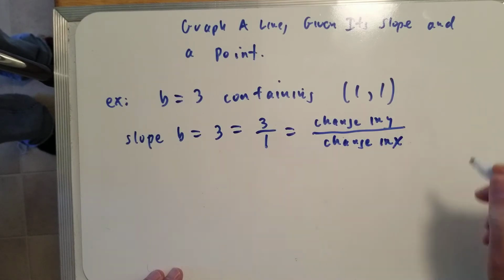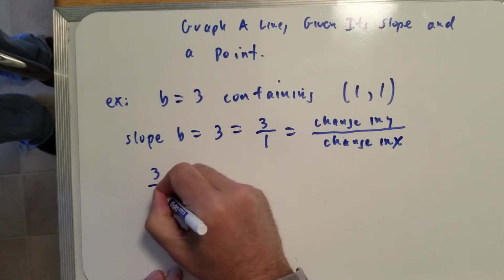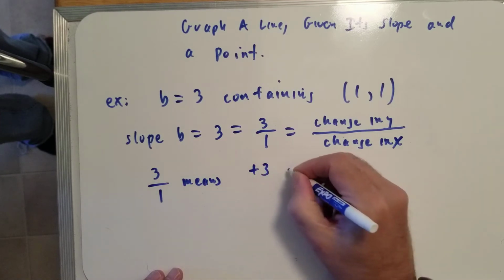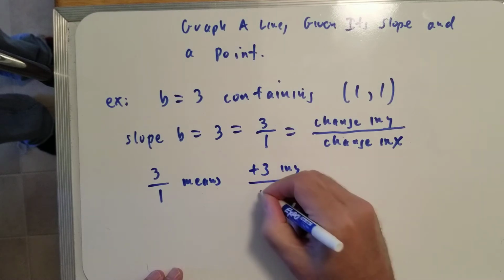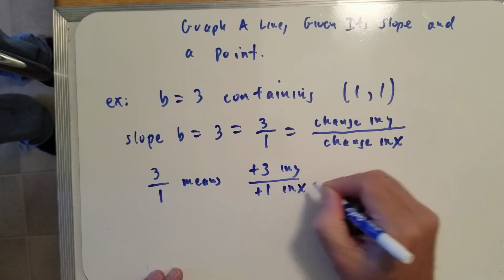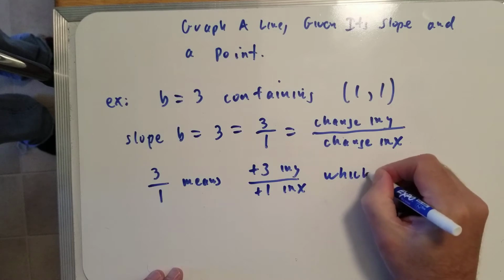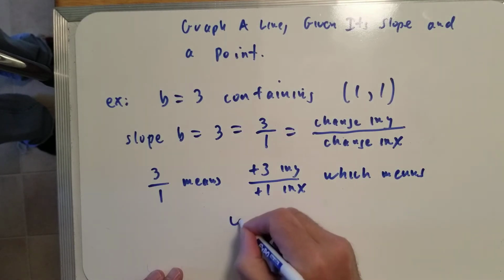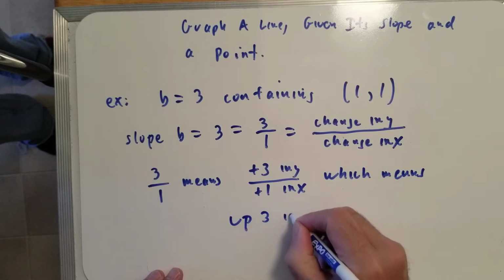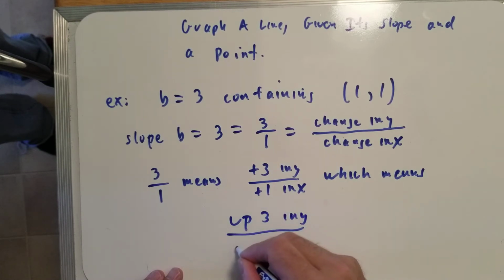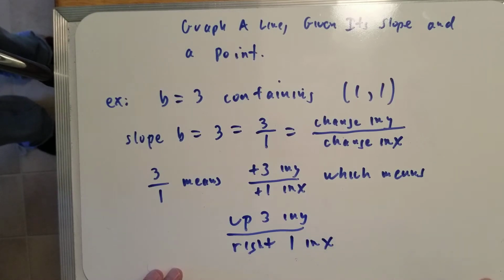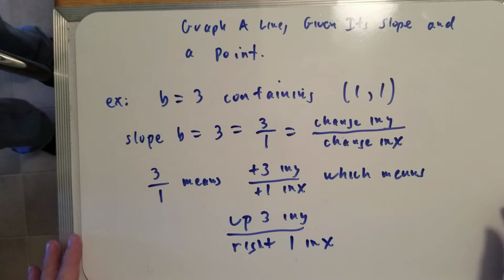So when I see the 3 over 1, it means plus 3 in y, plus 1 in x, which means go up 3 in y, and right 1 in x. So that's the analysis of the slope, and now I can use that information to graph the line.